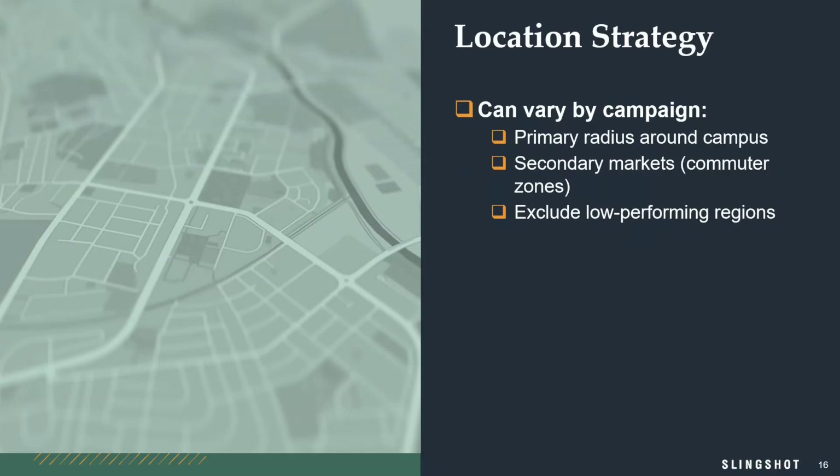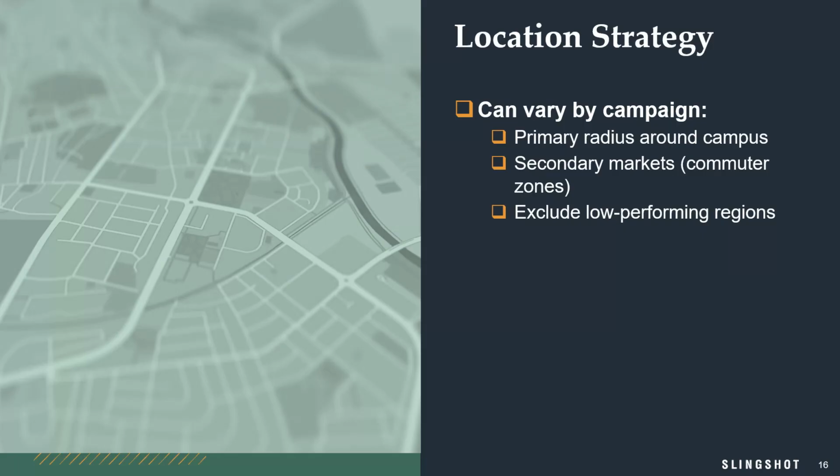So I wanted to touch a little bit on location strategy. For you guys, it's the primary radius around the campus, and then you have your secondary markets to reach commuters. The big thing to take away from that is you can also exclude low performing regions.